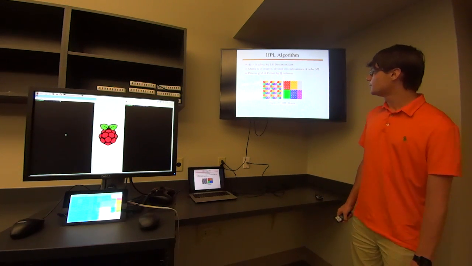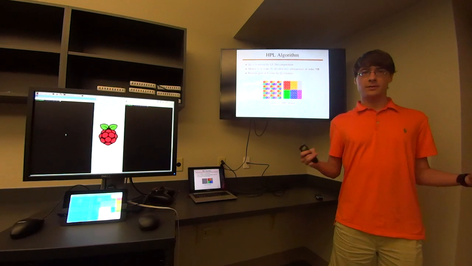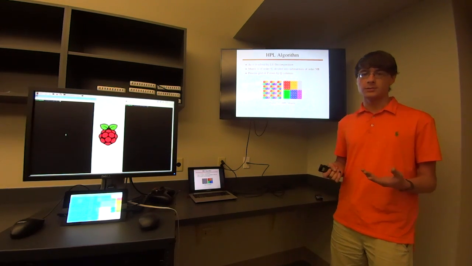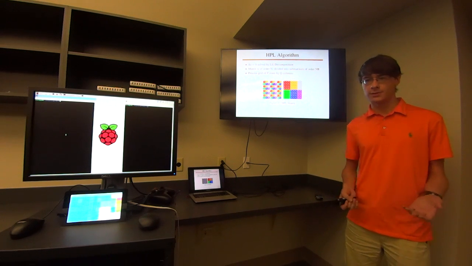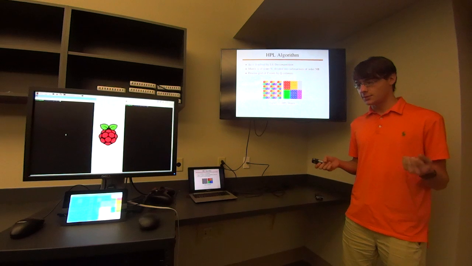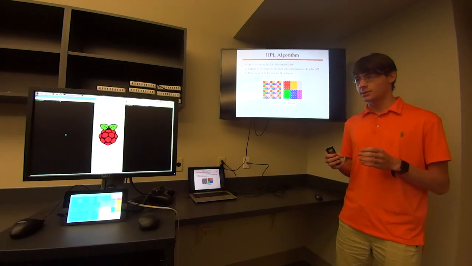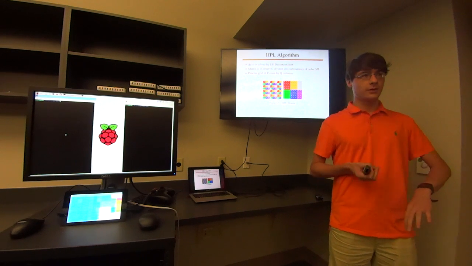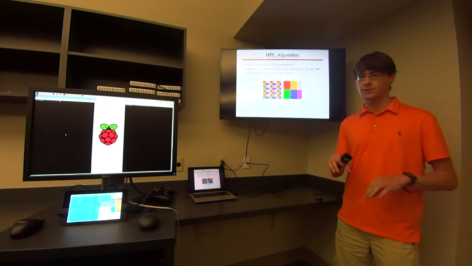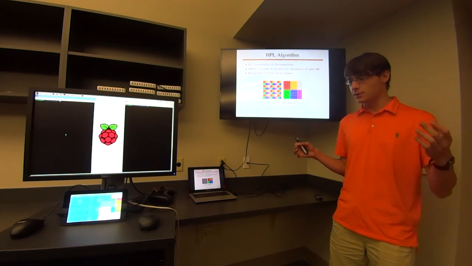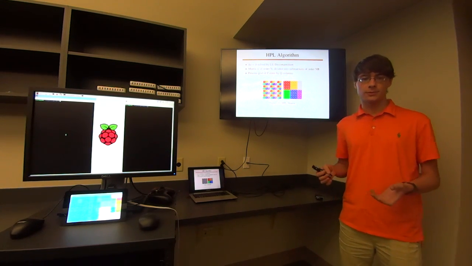So here's the algorithm in a very brief overview. So it solves AX equals B using LU decomposition, or you may also see it called LU factorization. So the process of actually decomposing it into a lower triangular matrix and upper triangular matrix breaks it all down, and then you can use those to solve the actual system.